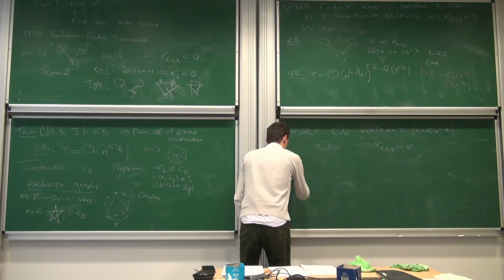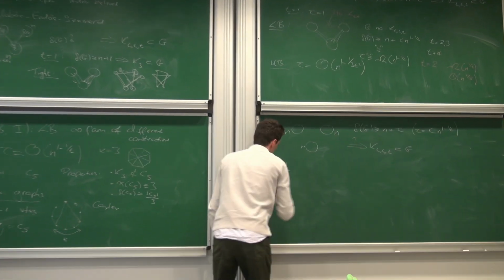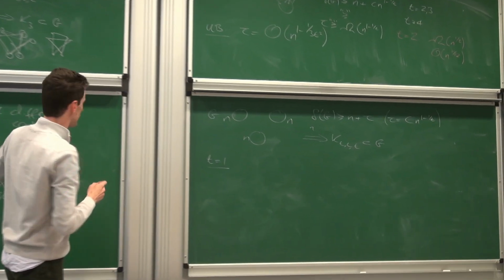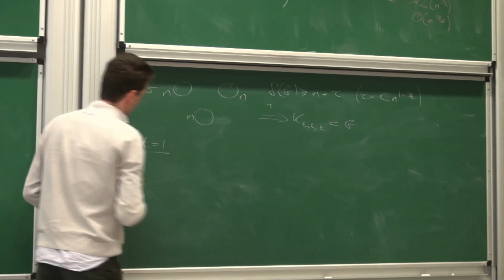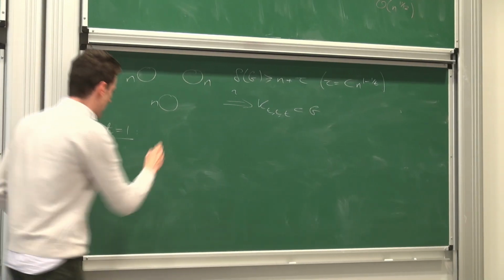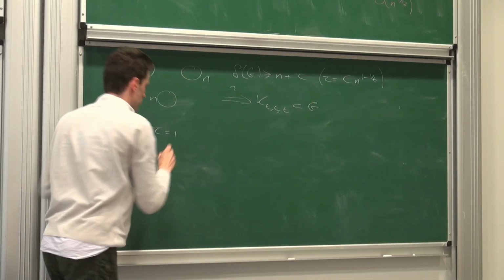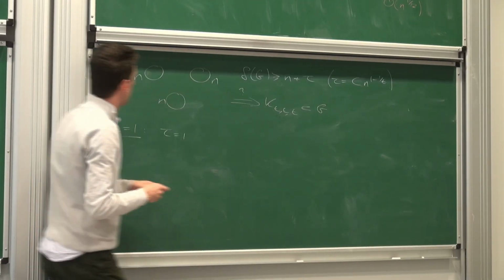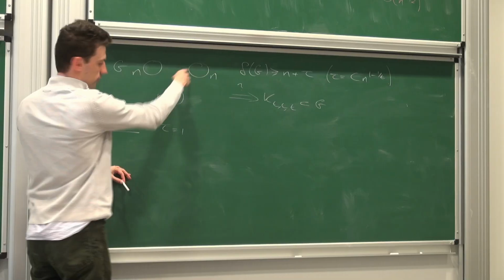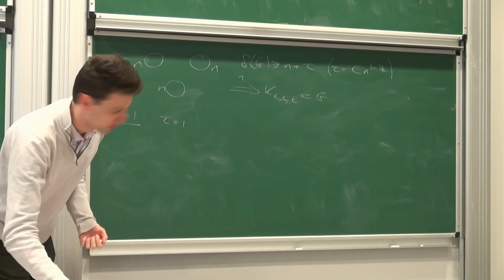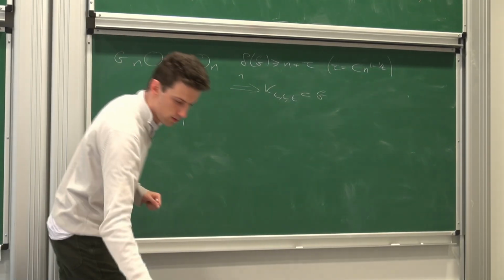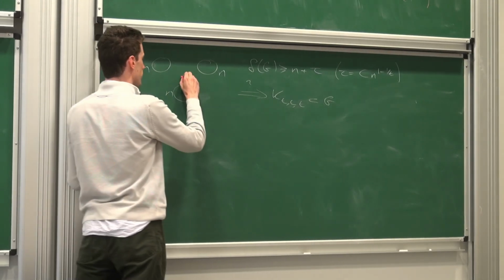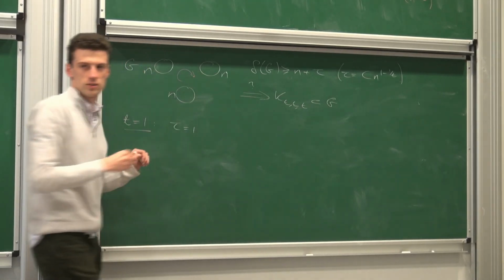So let me start just with the t equals 1 case that I said was a nice little proof. And now tau is just 1. And so I just want minimum degree more than n plus 1, and I show you there's a triangle. So it's quite convenient. We have this graph G, and it's convenient to orient it. So just view it in a clockwise direction.